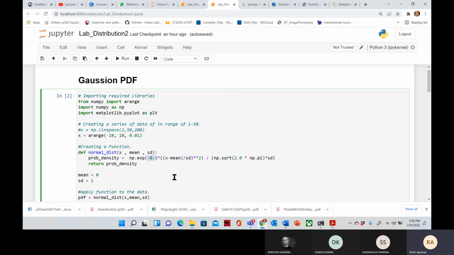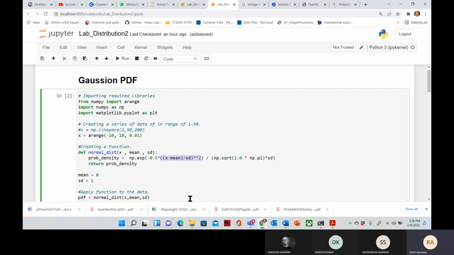Here x minus mu, that means mean, is divided by sigma, and this is the square of it. Clear?